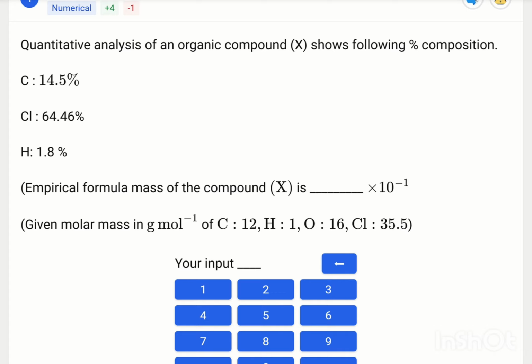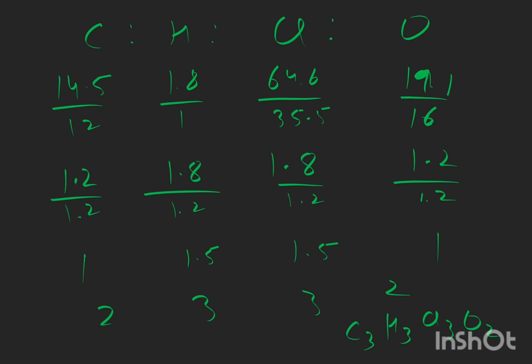So what we have to find? Empirical formula mass. For C2H3Cl3O2, it is 24 plus 3 plus 106.5 plus 32.